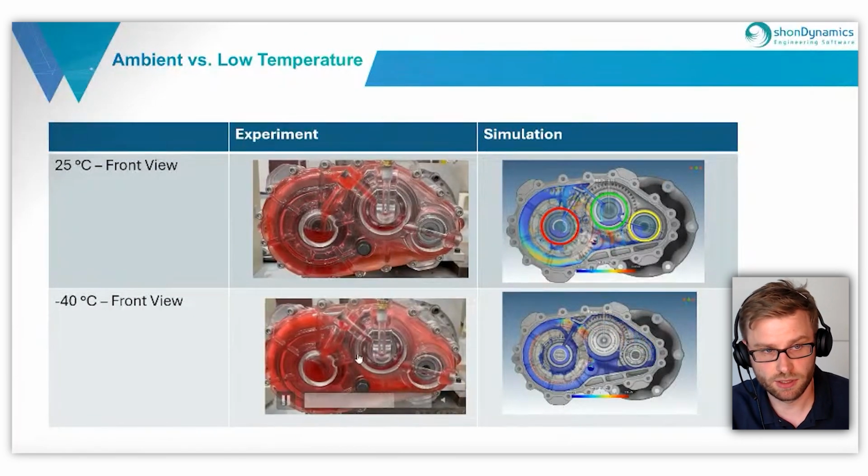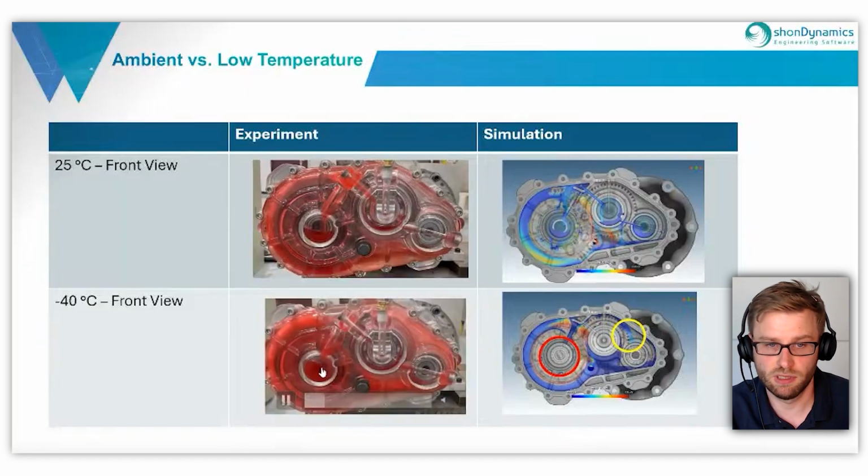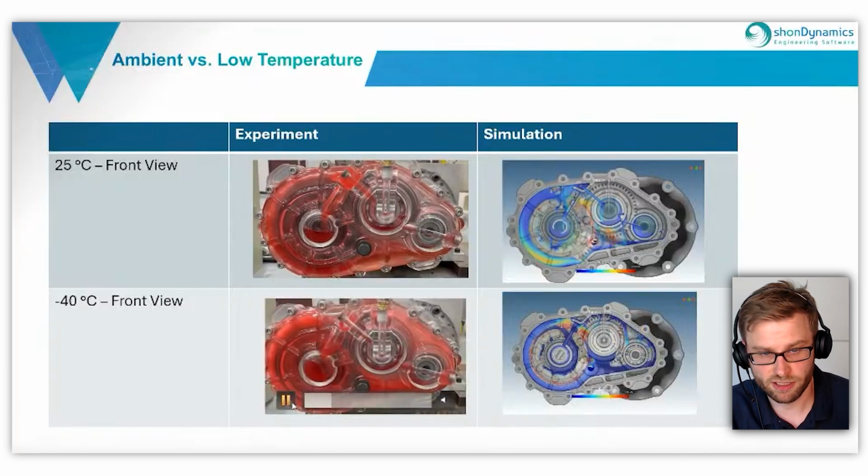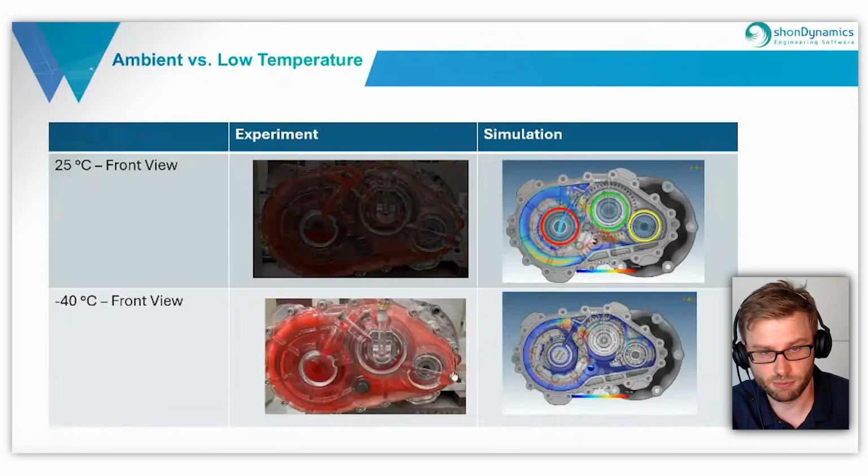If we compare it now to minus 40 degrees, where the viscosity is much higher, we get fluid only inside the output bearing. In the simulation, the distribution is a little bit different from the experiment.